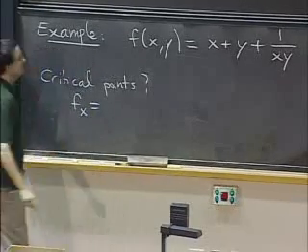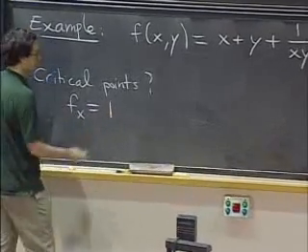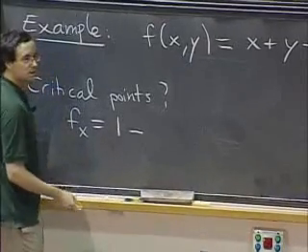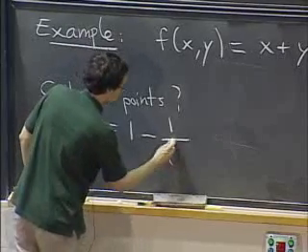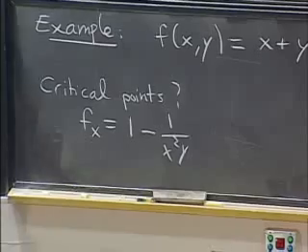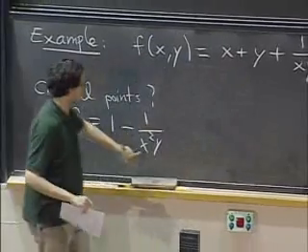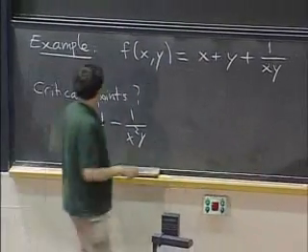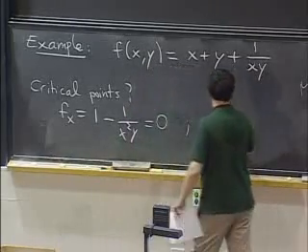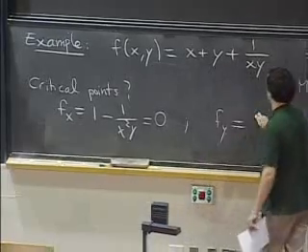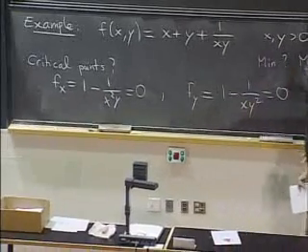Okay, so f sub x is 1 minus 1 over x squared y. Okay? Take the derivative of 1 over x, that's negative 1 over x squared. And we'll want to set that equal to 0. And f sub y is 1 minus 1 over x y squared, and we want to set that equal to 0.